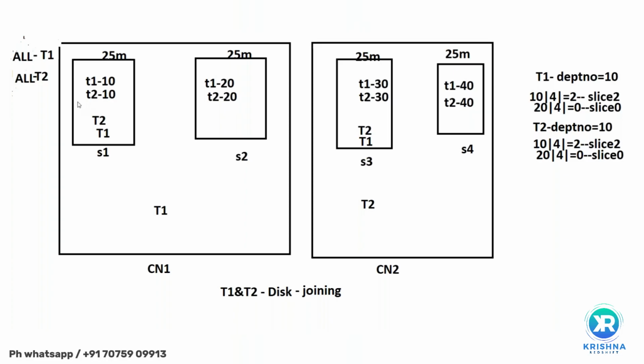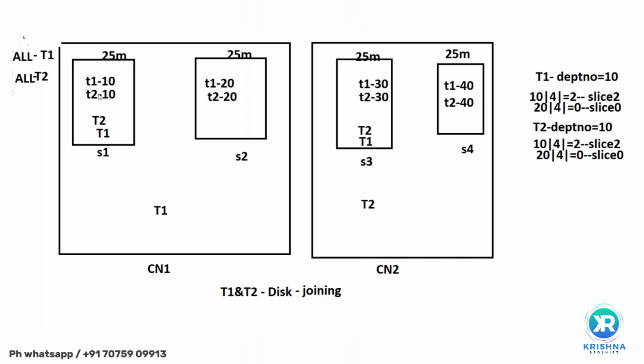So do you think that the join will happen in all the 10 nodes in case of ALL and ALL? Both the tables are present in one node only, right? So it will do the join at one place. That's all. No need to join in every node. Got it? Prasad, you understand what I was talking? Yes, sir.